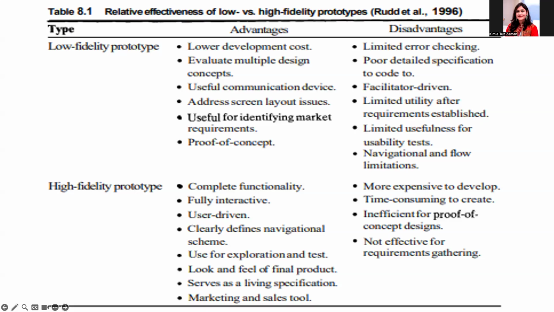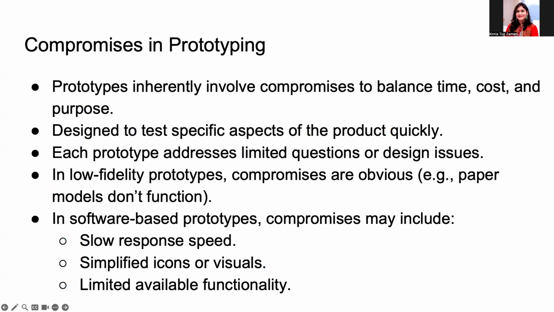Low fidelity prototypes are best suited for early idea exploration and concept validation, while high-fi prototypes are most valuable for testing usability, refining instructions, and demonstrating near final products. Successful design often involves moving from low to high fidelity prototypes through an iterative process to balance creativity, cost, and precision.